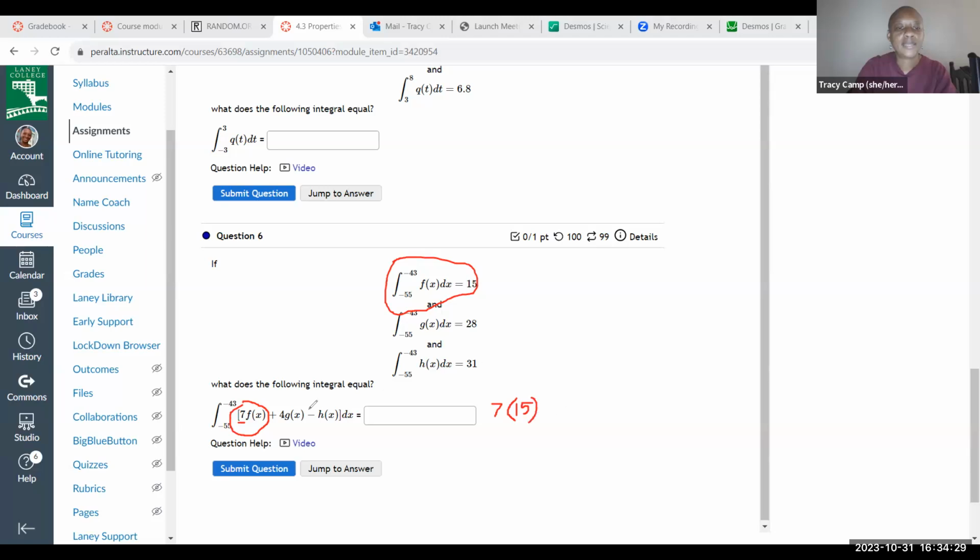And then it says plus 4 times g of x. So now I'm adding 4 times g of x. I go to my definite integral of g of x dx, which is 28. So this will be plus 4 times 28.